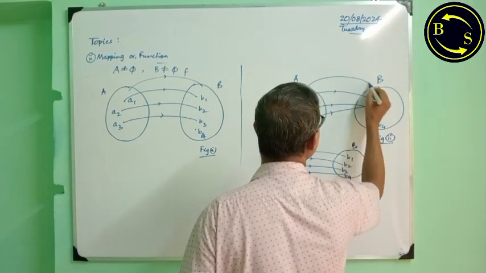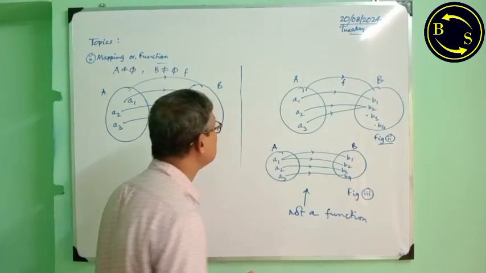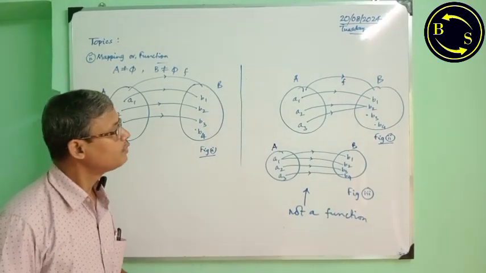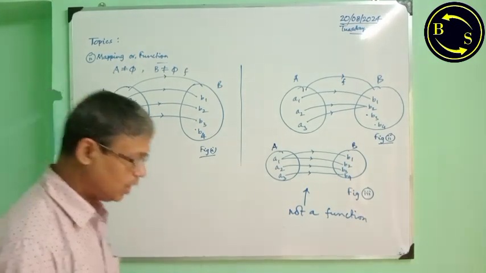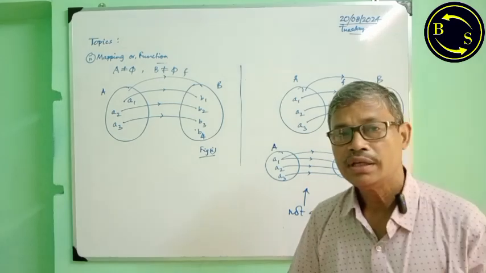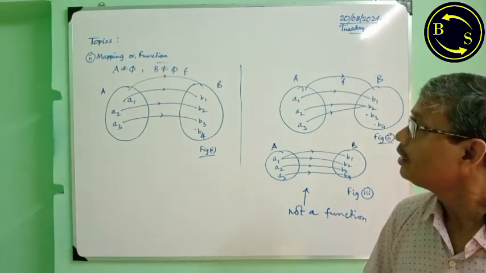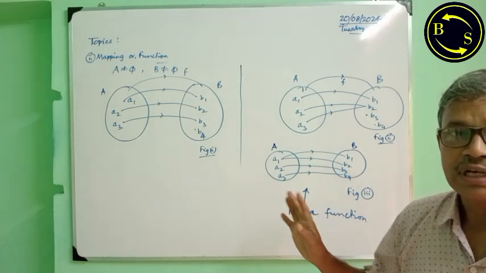This is a function, no problem, according to the definition of function or mapping. Actually, we use the term function generally in case of calculus, and in case of algebra, we use the term mapping generally.